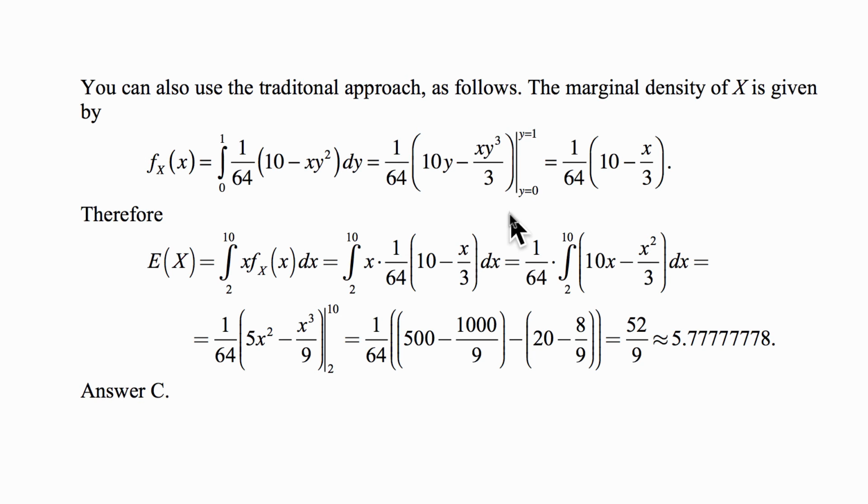That's going to be 5x squared minus x cubed over 9, evaluated from 2 to 10. And after we do all this evaluation, of course, there's 1 over 64 as a common factor of everything. We get 52 over 9, which is the same answer as before.